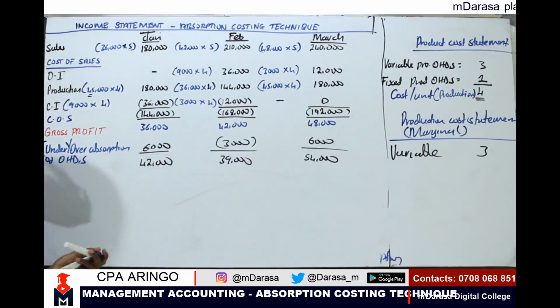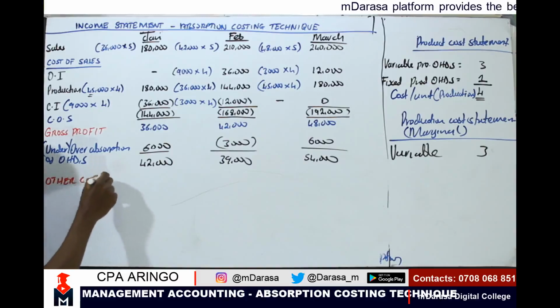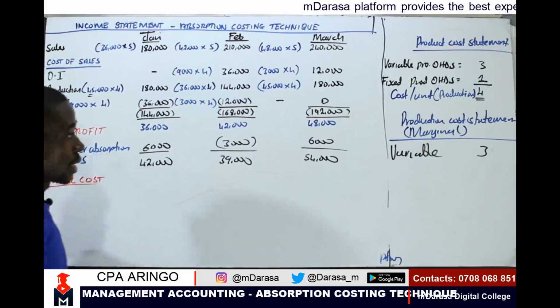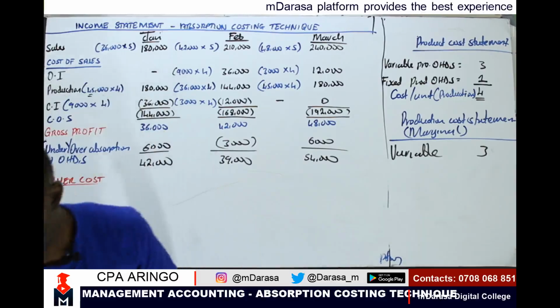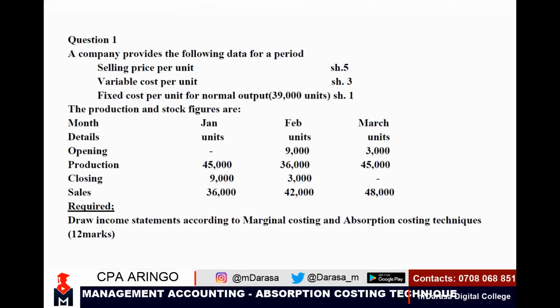So that is not the end. After this, I'm going to consider other costs incurred. Did you have any other cost incurred in this question? Looking at this case, other costs like variable and fixed other costs, we don't have.